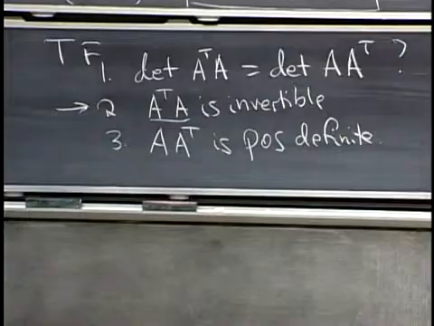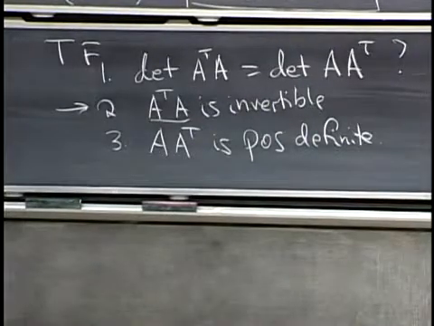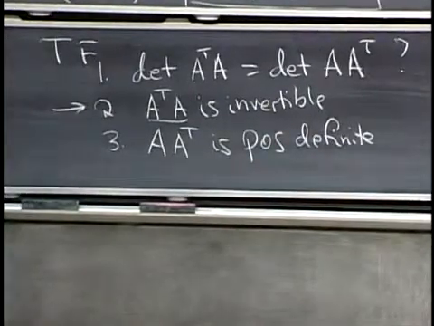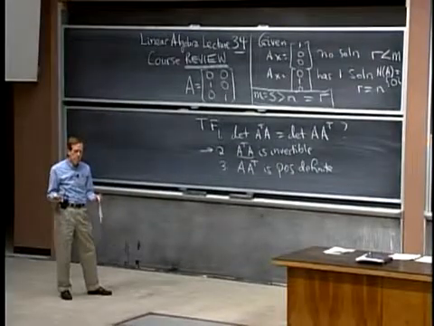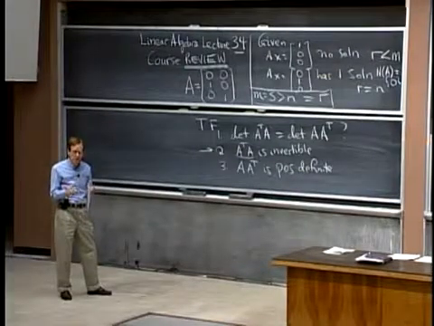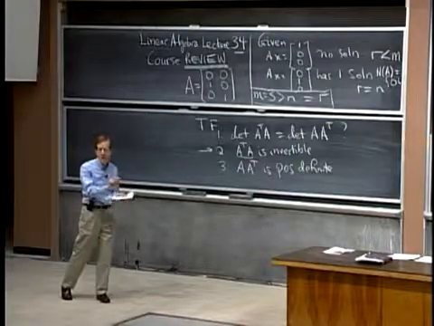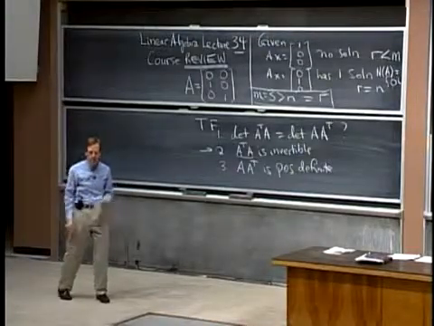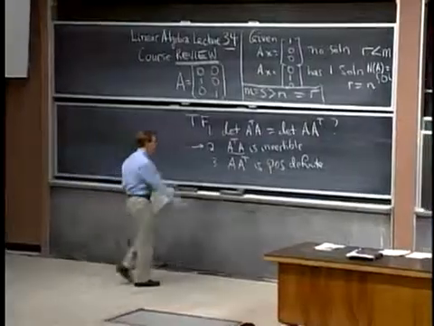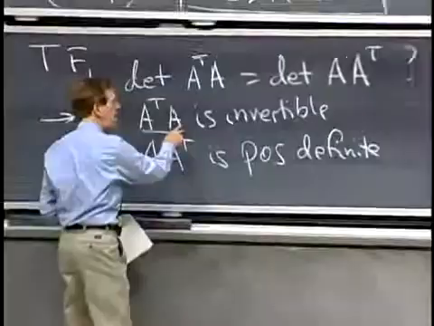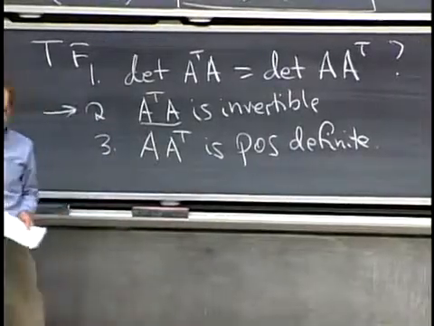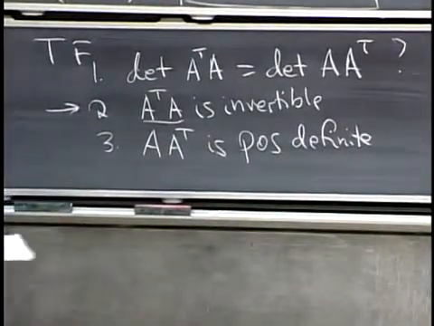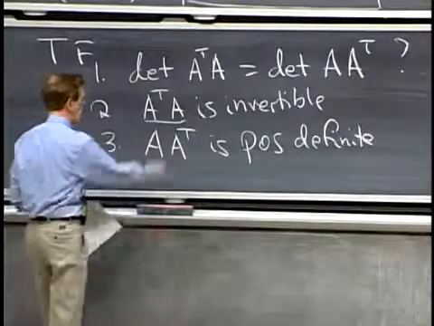When is the matrix A transpose A invertible? The great thing is that I can tell from the rank of A that I don't have to multiply out A transpose A. Well, if A has a null space other than the 0 vector, then it's no way it's going to be invertible.